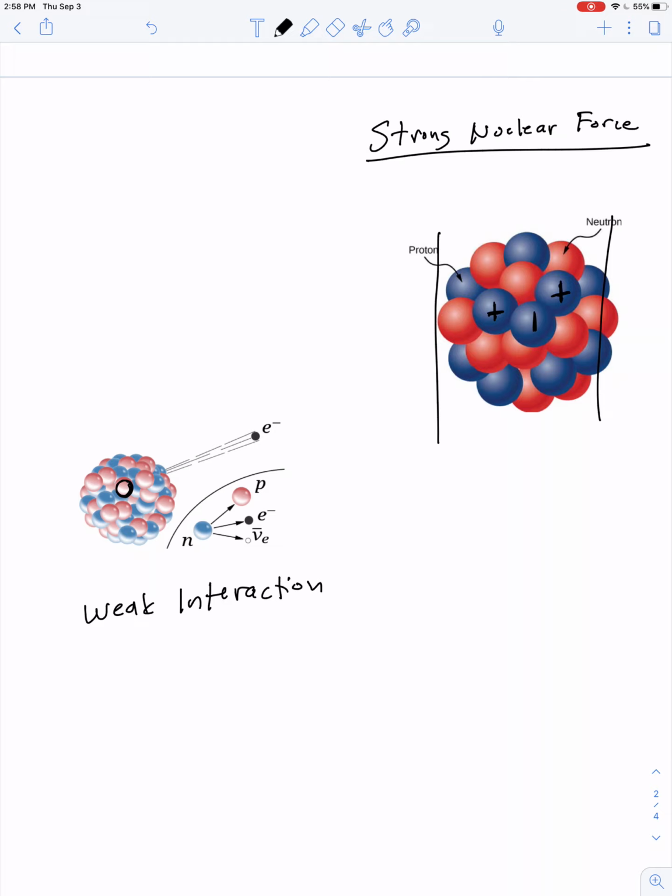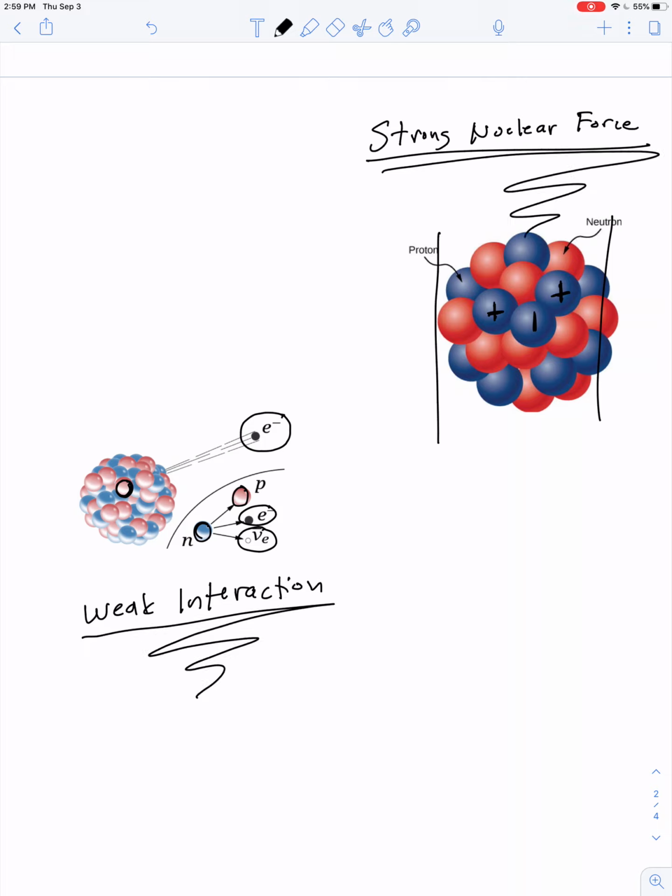The weak interaction is a force that can cause a neutron to decay into a proton along with some other fundamental particles. This is actually an example of what's known as a beta decay process, where the nucleus is shedding an electron. We won't deal with the weak or strong interaction in this course really any more beyond this lecture.